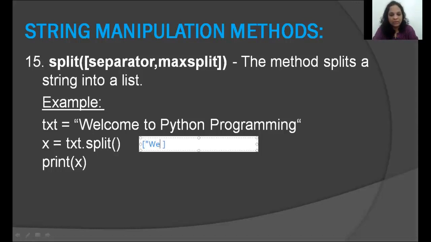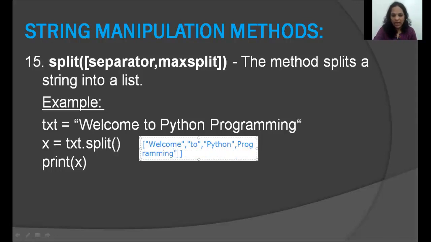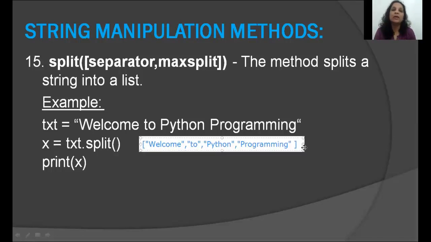So the first element of your list is going to be welcome, comma. The second element is going to be to, comma. The third element is going to be Python. And the fourth element is going to be programming. And all this is going to be a part of a list. That is the reason I've shown all these words in a square bracket.